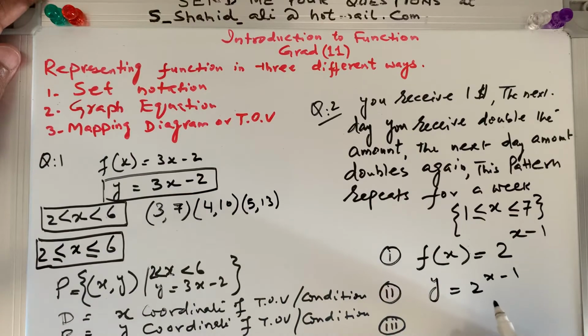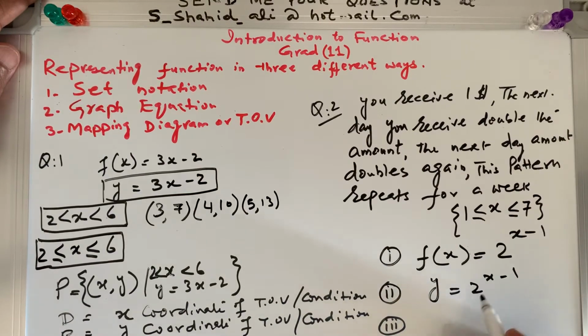So okay, I will start. At day 1, if I put here 1, 1 minus 1 is 0, 2 to the power 0 is 1, anything raised to the power 0 is 1, right? So this is the start of my TOV. Now if I put x as 2, 2 minus 1 is 1, and 2 to the power 1 is 2, right?